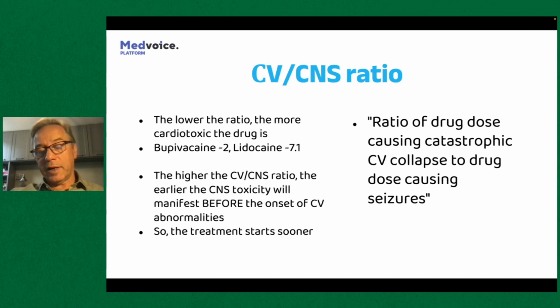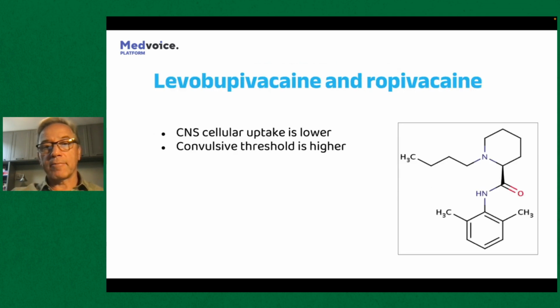So, again, comparing our best friends, bupivacaine has a lower CV CNS ratio, hence the manifestation of the CNS symptoms will happen slower compared to lidocaine.